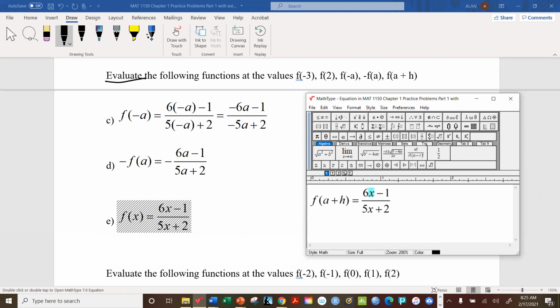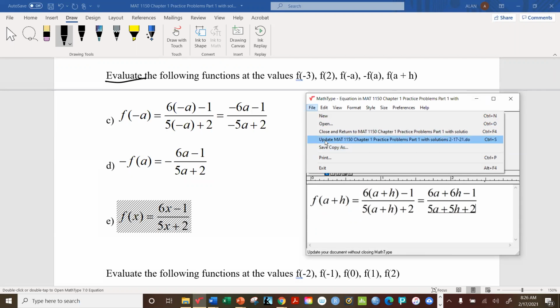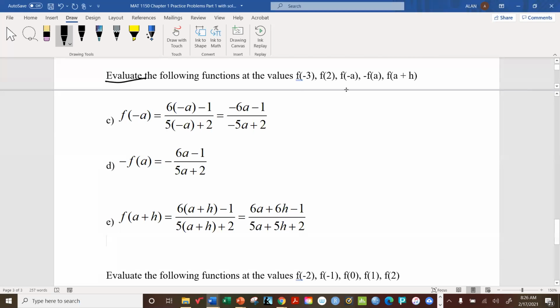So yeah, we can just replace this with A plus H, and then we can expand it a little. 6A plus 6H minus 1, or 5A plus 5H plus 2. And that's it. There's no simplification there. Okay, so that block is done.